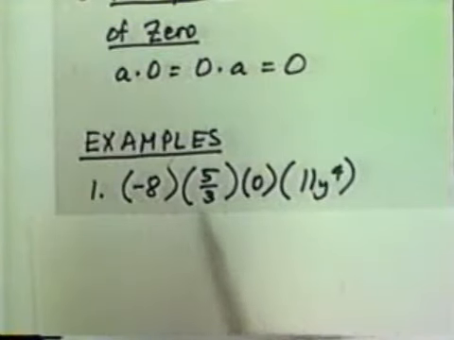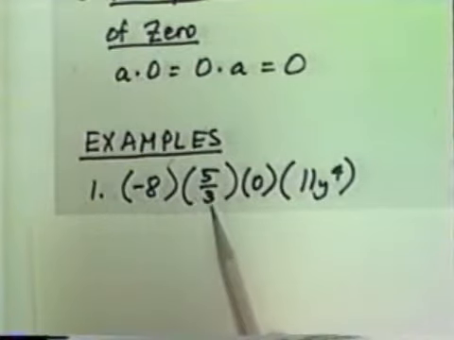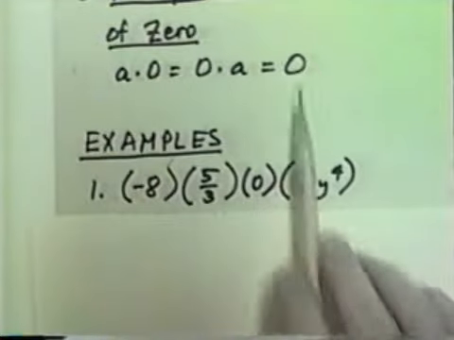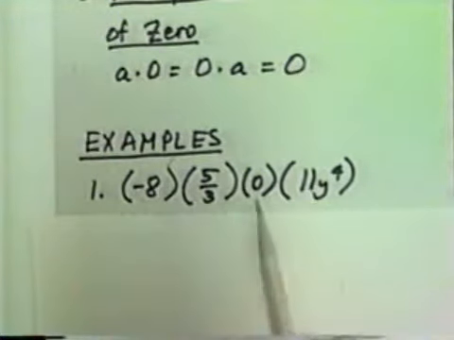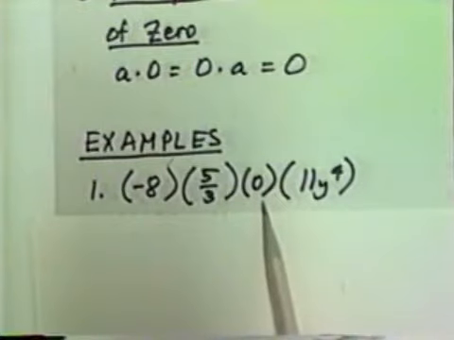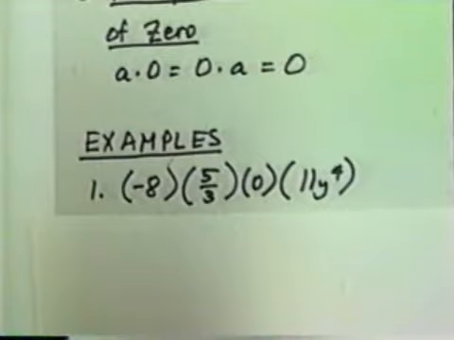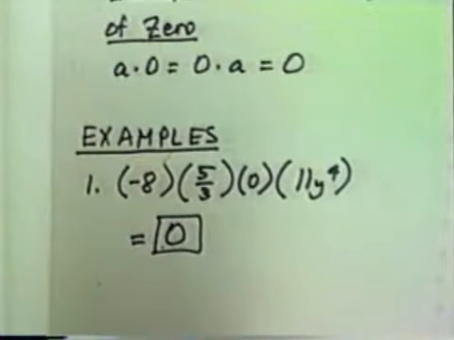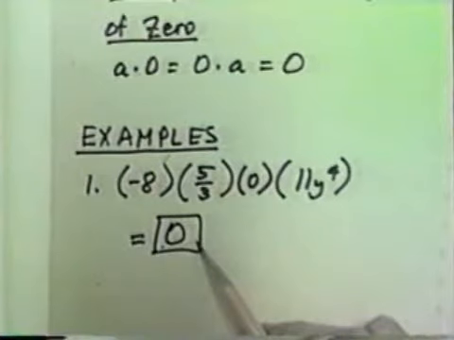When we multiply -8 times 5/3, we'll get an answer, -40/3. When we multiply that times 0, we get 0, by our multiplication property of 0. So this would be 0 so far, and then 0 times the 11y to the 4th would still be 0, and so the answer is 0. Multiplying by an expression where one of the factors is 0 will always turn out to be 0.